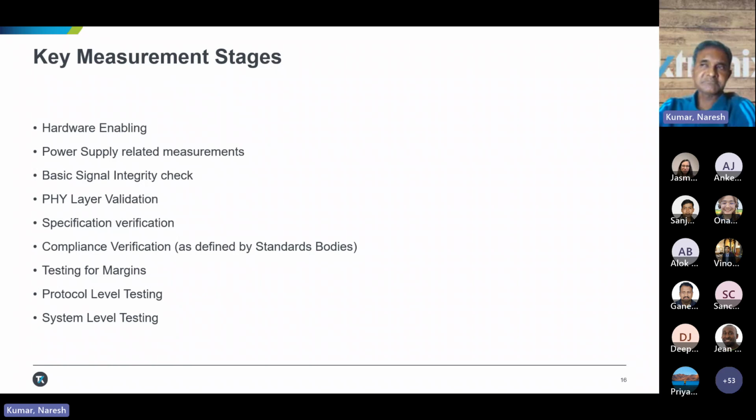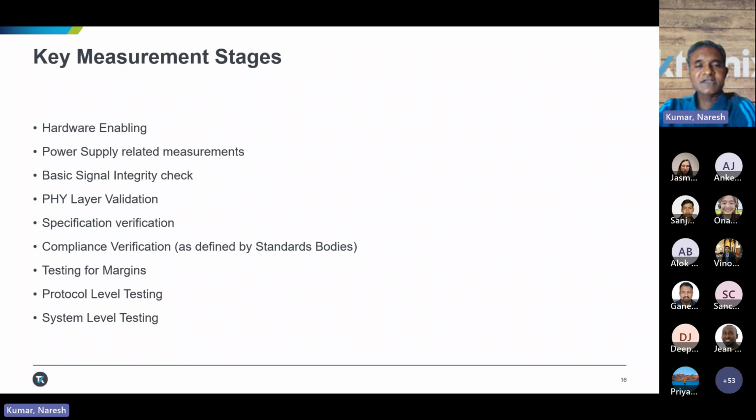For example, for want of any other name, let's say Intel was working on the next level PCI Express, or maybe Cadence or Synopsys are working on the next level PCI Express implementation. We have a challenge to make sure that our test equipment is ready to help them make the measurements and also solve their check for their compliance requirements as well as failure validation.